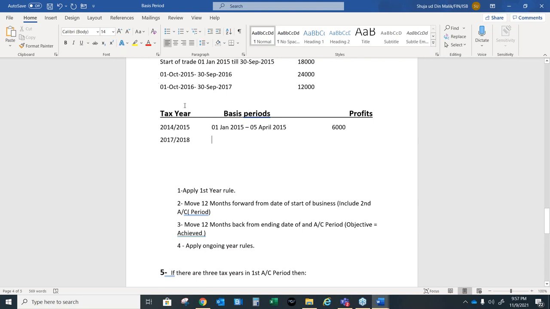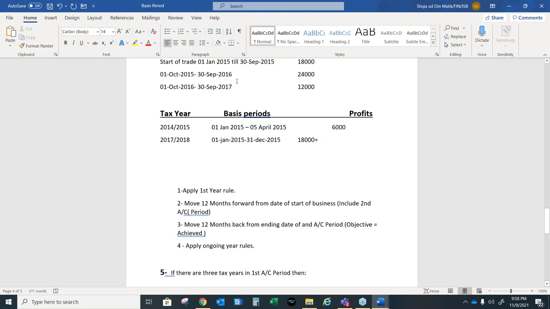So in this case, we are bound to move 12 months from the date of start of business, 1st January 2015 till 31st December 2015. Now, what we have done is, we have used this whole period, plus we have used some months of the second accounting period.